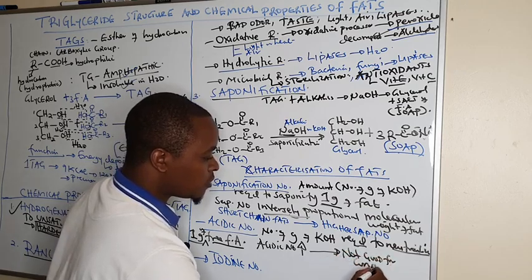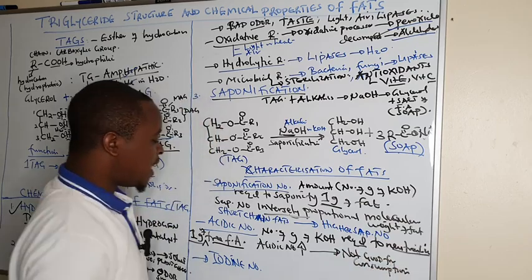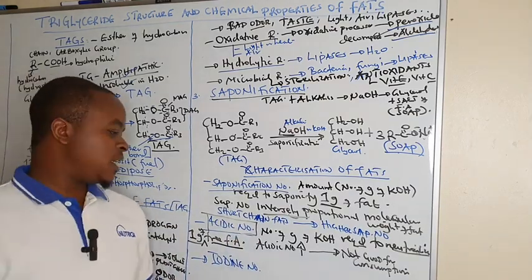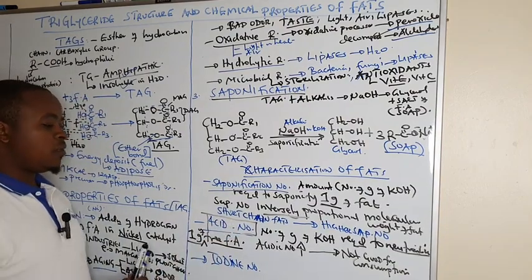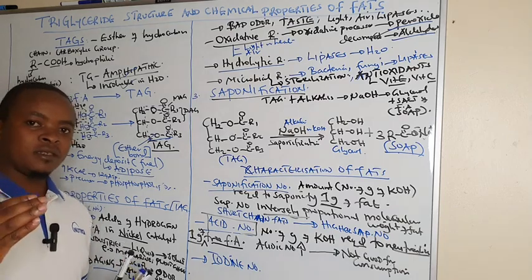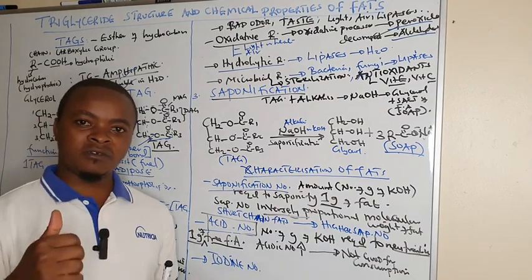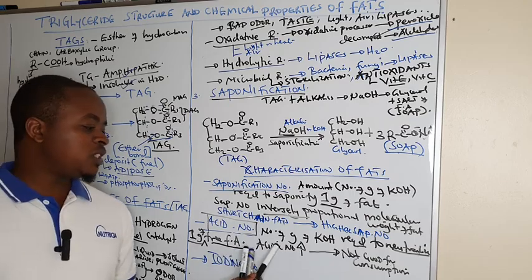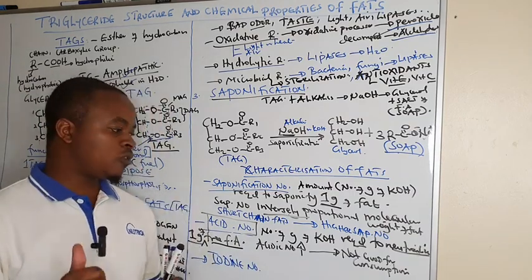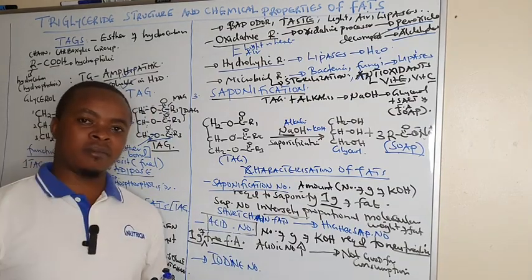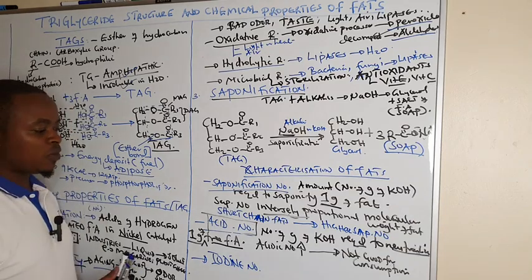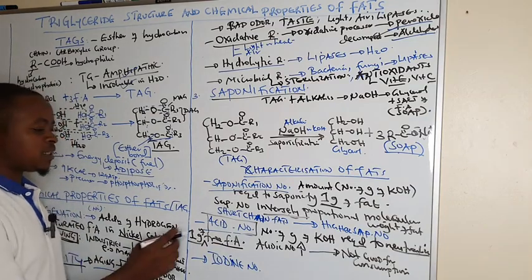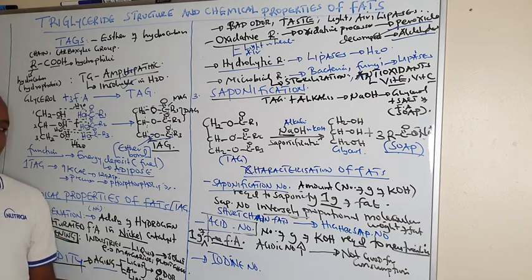We can even call it acid number. We can use the acid number to determine how fit the fat is for consumption by human beings. Fats which have high acid number are not good for consumption, and fats with lower acid number are good for consumption because they determine the number of free fatty acids present in these lipids. So that is the application of acid number.